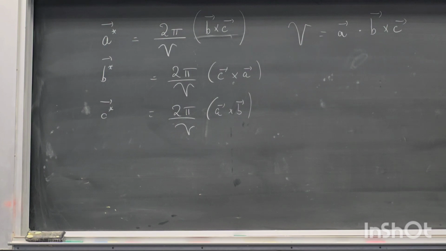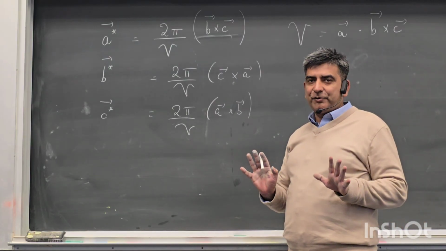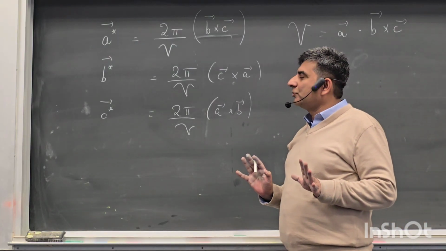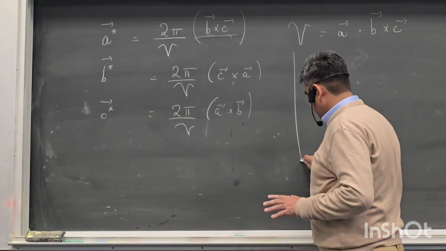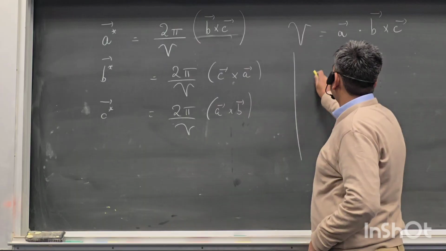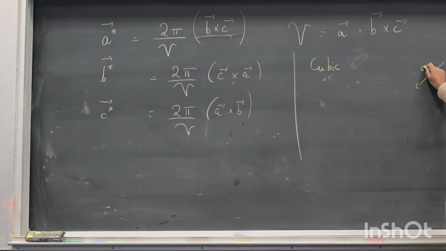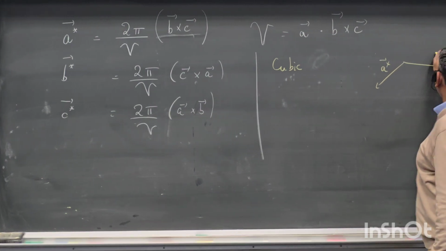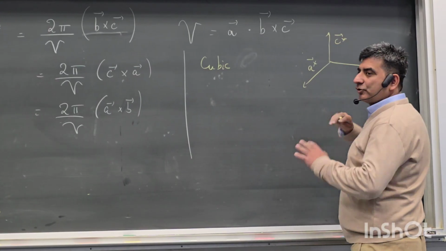Okay? So the volume in the direct space is say nanometer cube, the volume in the reciprocal space is 1 over nanometer cube. If you're talking about the cubic system, then A, B, C all three are perpendicular. So in the cubic system, it's clearly evident that A star, B star, and C star will form an orthogonal triad.